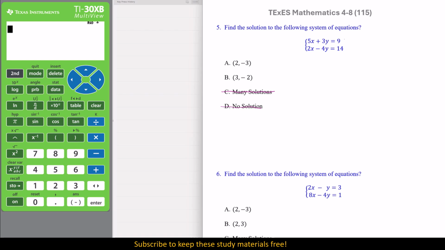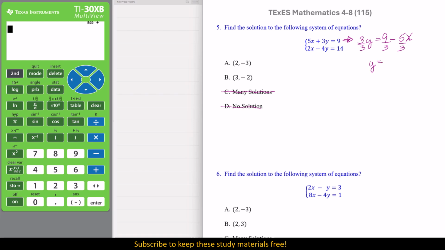So what am I going to do? I'm going to take this first equation and put that in the y-intercept form by taking 9 minus 9 and subtracting that 5x I was talking about earlier. Now divide each by 3 so we can see it quickly.